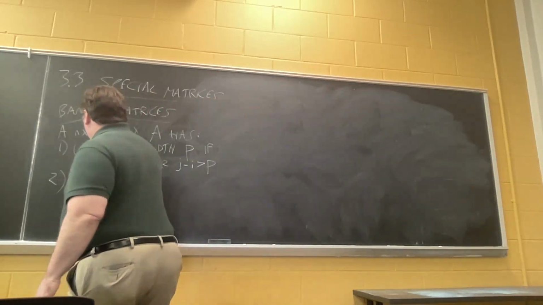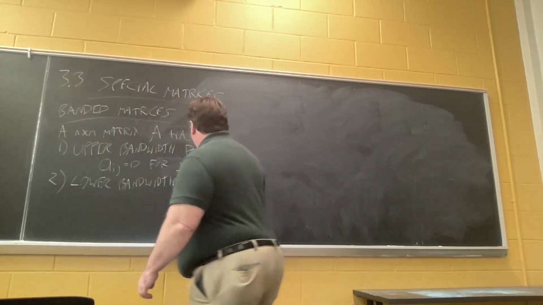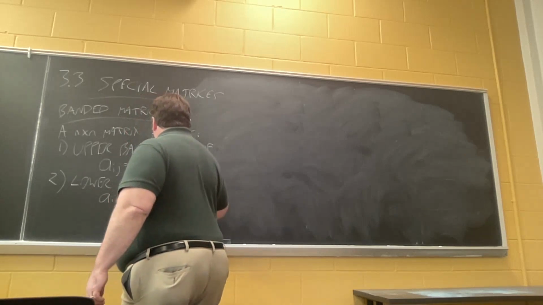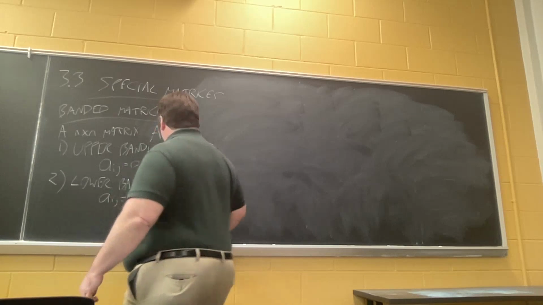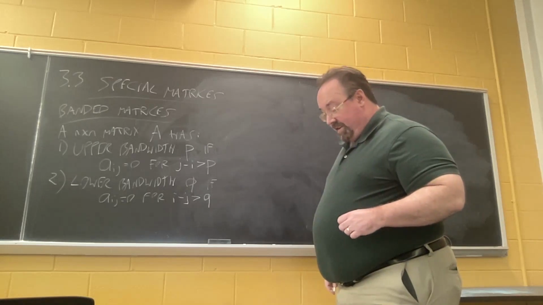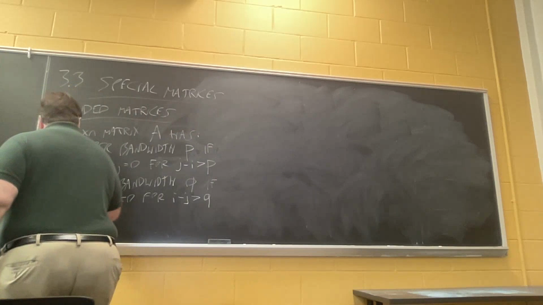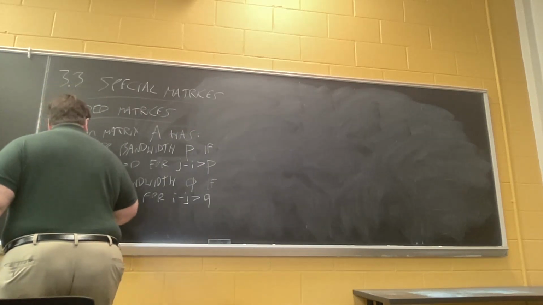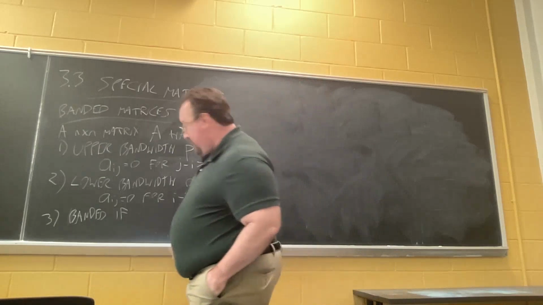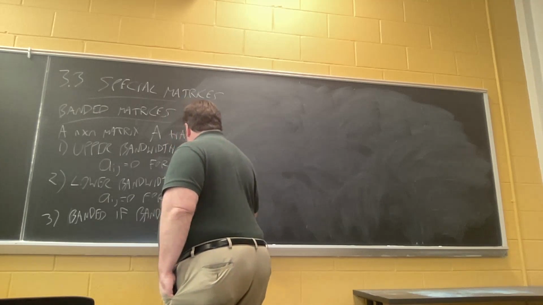Okay. So we have lower bandwidth Q. So it's the opposite case, a_ij equals 0 for i minus j being strictly greater than Q. And then we say that A is banded if the total bandwidth, simply bandwidth, which is P plus Q plus 1.